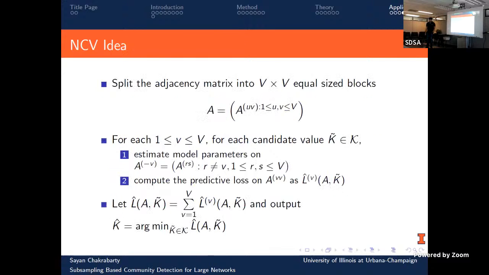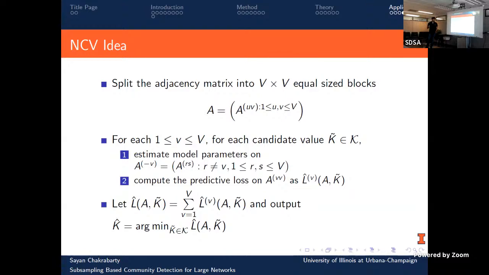So the idea for node cross validation is that they just split the entire adjacency matrix into V by V equal size blocks like this, and V is the number of cross validation folds. So for each fold, and for each candidate value of k, we estimate the model parameters using the adjacency matrix except the Vth fold or the Vth submatrix, and then we compute the predictive loss on the Vth submatrix.